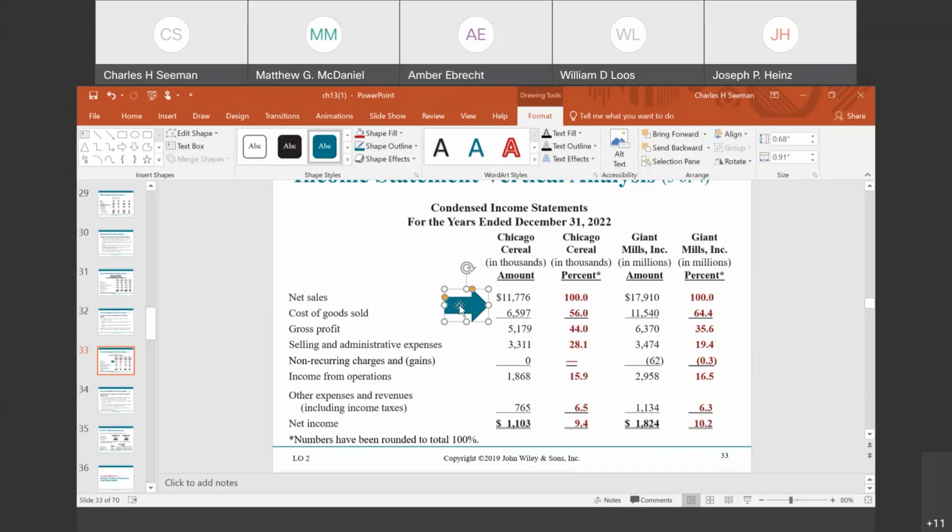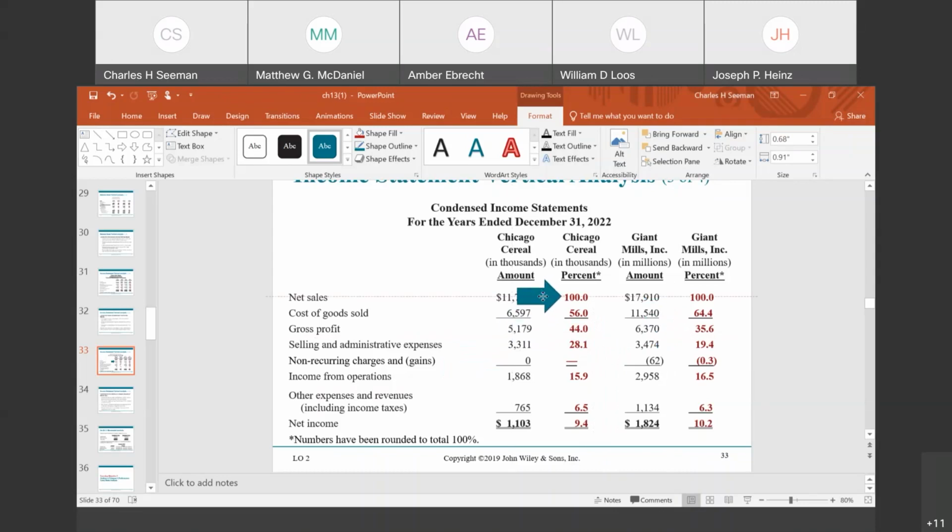So based on the analysis so far, we would say that Chicago Cereal is better operated than Giant Mills, even though Giant Mills has $6 million more worth of sales. Giant Mills is only generating 34 or 35 cents of every dollar of revenue in profit, whereas Chicago Cereal is generating 44 cents. And I'll show you where I got that.